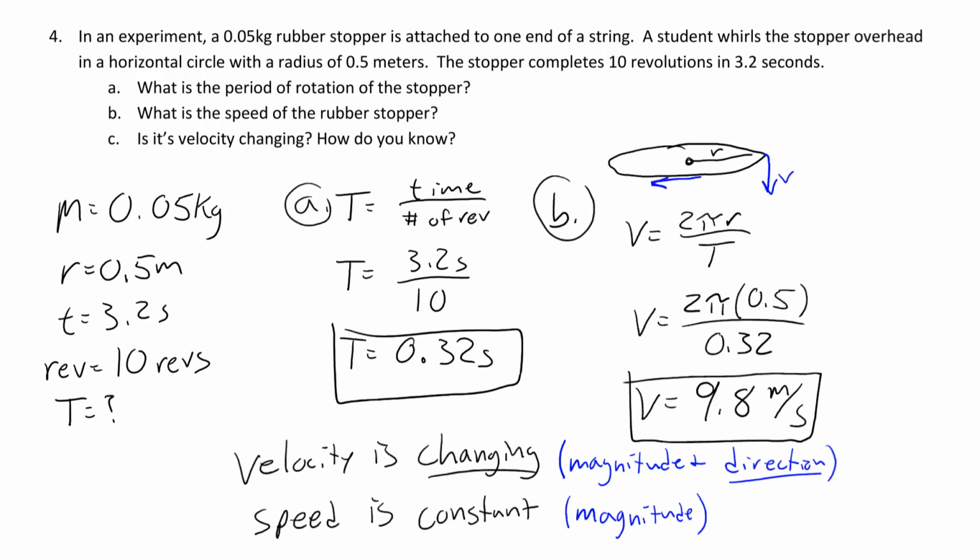At this point, the velocity vector is going this way. Now we're going in this direction. The velocity vector is continuously changing the entire time. All right, so the direction is constantly changing, so we must have a changing velocity. All right, velocity changes, yes, changes direction. Very good. All right, moving on.